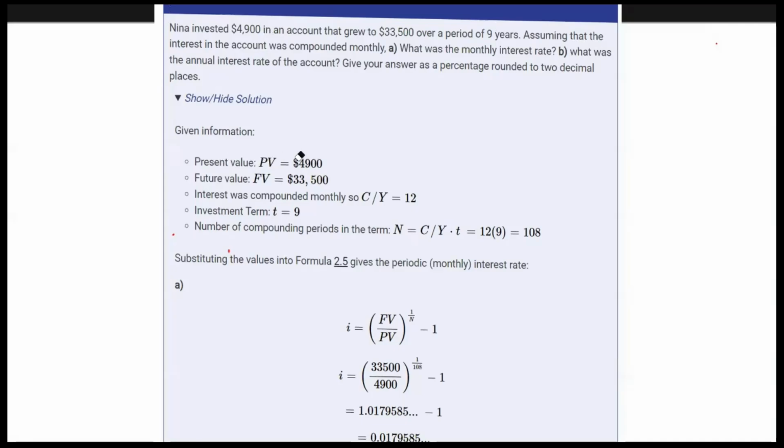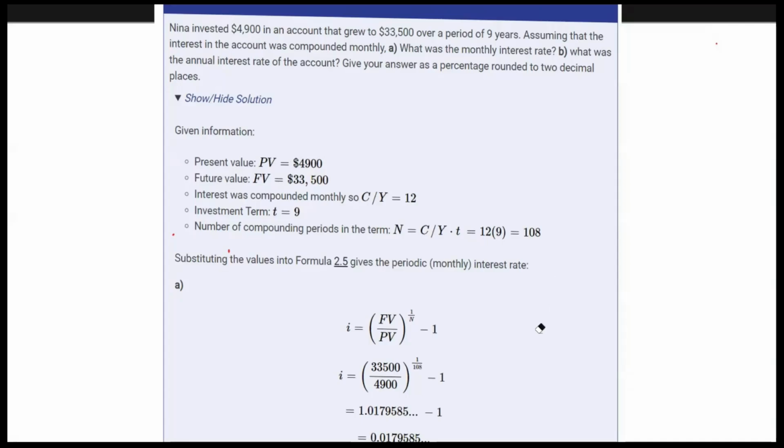So this is what we know. Put in 4,900, it grew to 33,500 over how many years? 9 years, right? It's compounded monthly, so the compounding frequency is 12. The number of compounding periods is going to be 12 times the 9 years, which is 108.